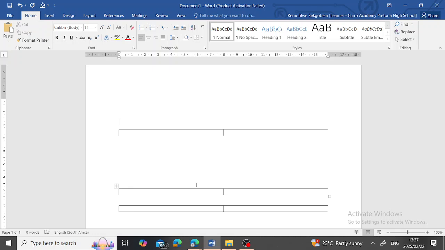But we know that with the accounts, they increase and decrease respectively. So assets is an element. It increases on the debit side and decreases on the credit side. So for example, inventory is an account which is an asset which will increase on the debit side and decrease on the credit side. Are you guys following?